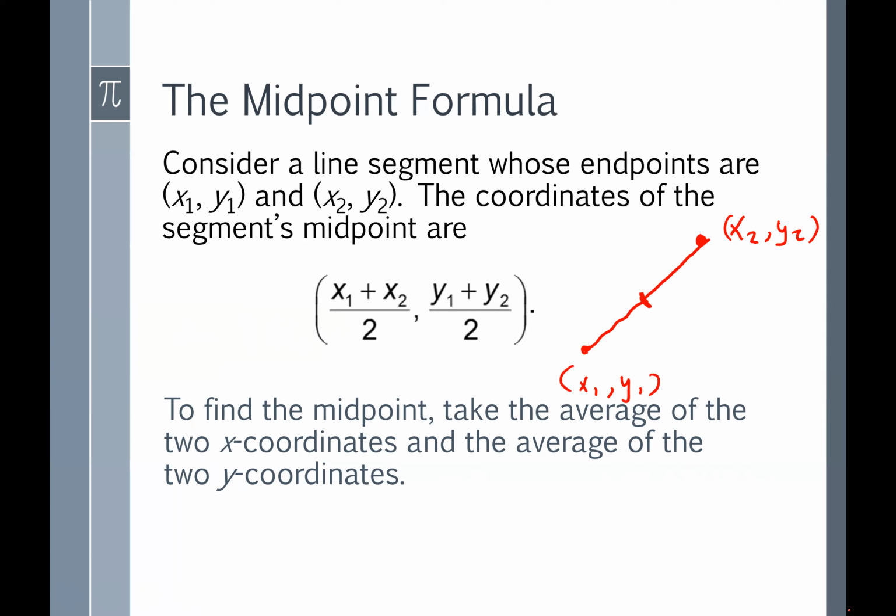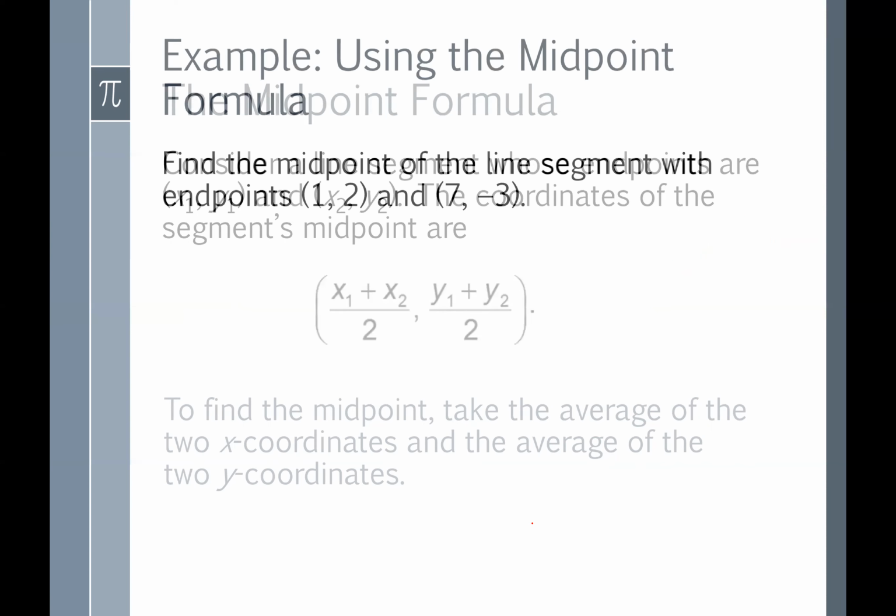So you're going to be finding the average of the x-coordinates. You're just going to add the x-coordinates together and divide by 2. That is an average. And you're going to add the y-coordinates together and divide that by 2. That would be the average of the y-coordinates. So it's a fairly simple formula to use.